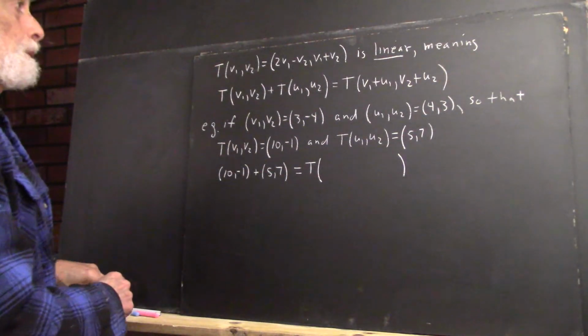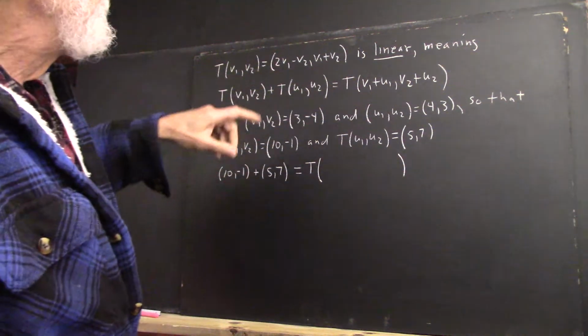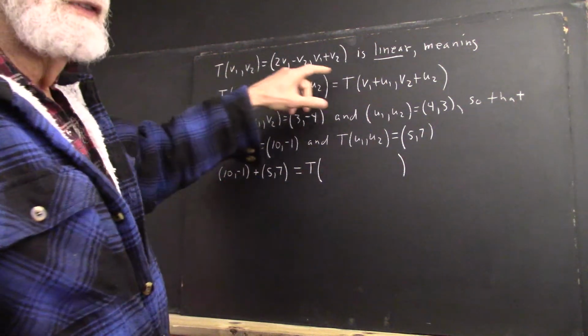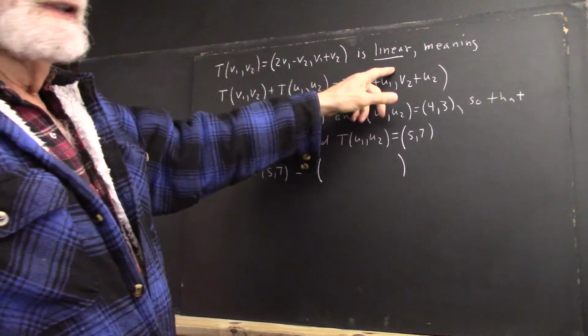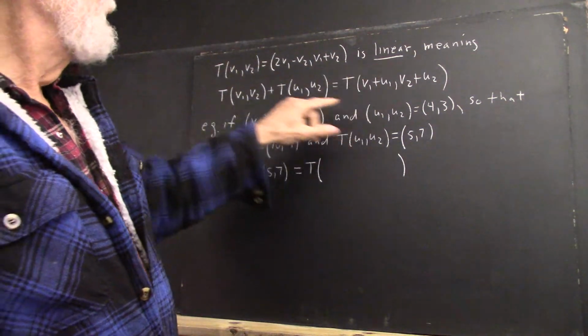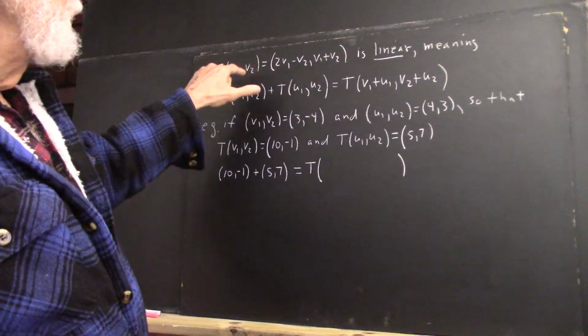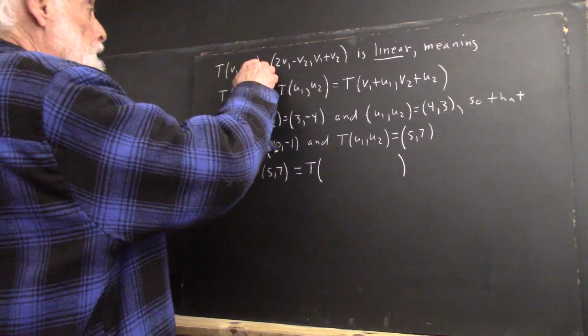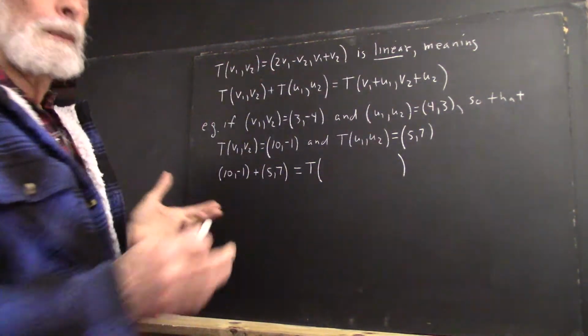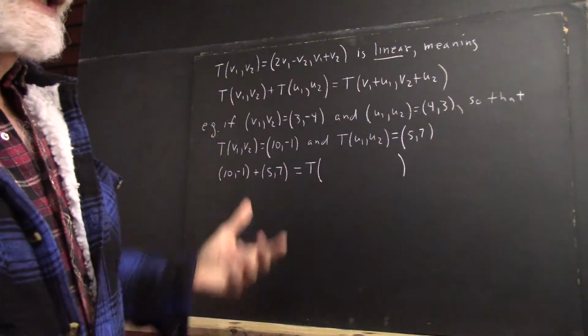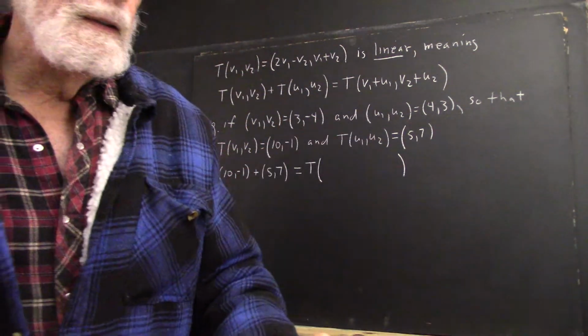I've already written a couple of statements. I'm saying that this transformation is linear. I know in advance that if this is a linear combination of V1 and V2 and this is a linear combination of V1 and V2, it will be linear. So I know this transformation is going to be linear, but I haven't proved any of that. I haven't even defined linearity.